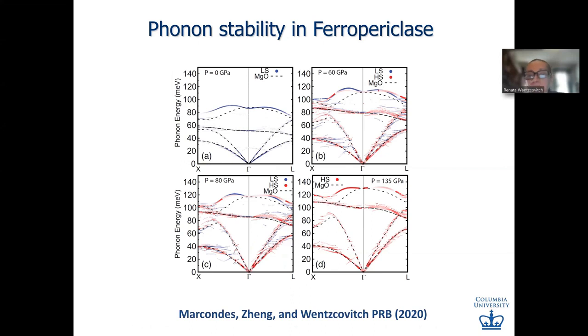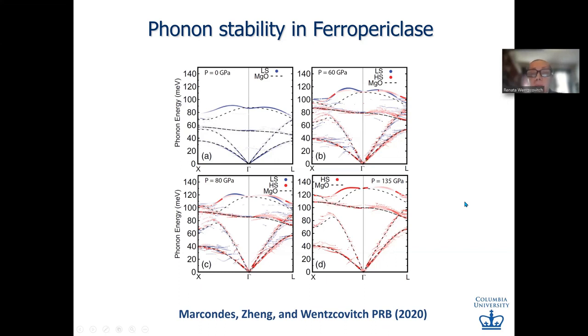There's a lot more than what I'm going to say here, but this is the essence of what we showed: that phonons in this structure are stable across the spin state change. For example, what I'm showing here are phonon dispersions of ferropericlase, low spin in blue, high spin in red, at 0, 60, 80, and 135 GPa.